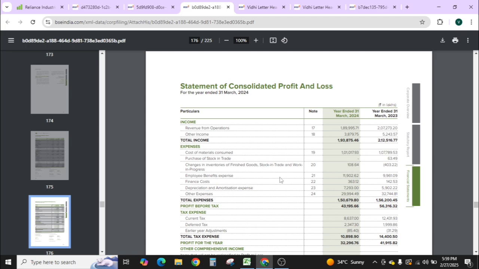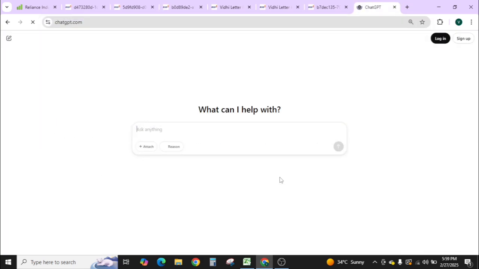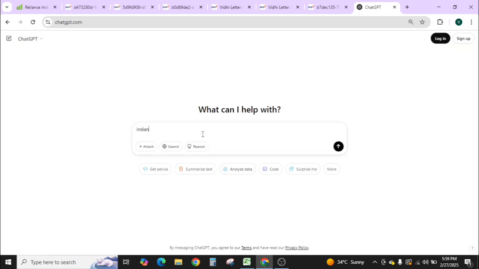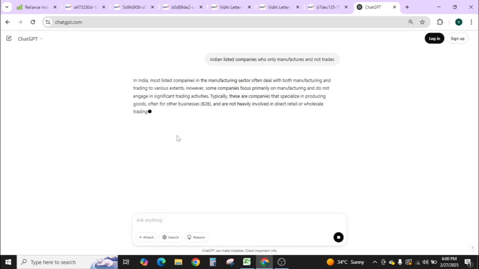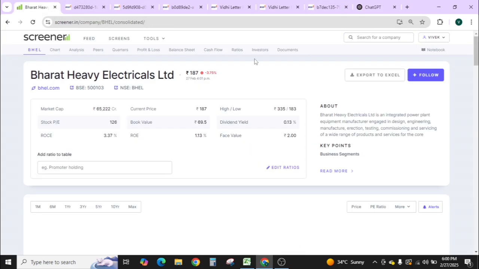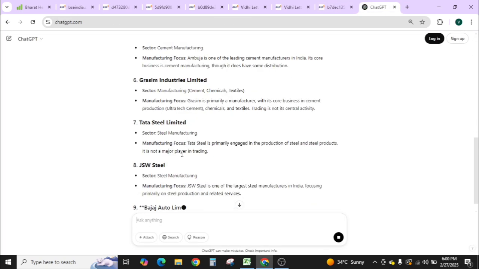If we want to see a company that is generally doing manufacturing, we can look at a list of Indian listed companies who only manufacture, with the help of ChatGPT. Hale, L&T, Bhel, Ambuja, Grasim.